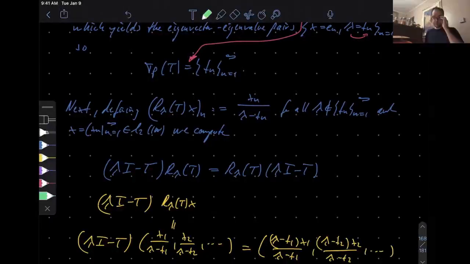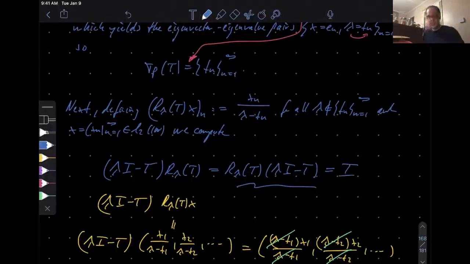Okay, and then provided lambda is different from all those t_j's, then you can divide out these guys. And so what you get here, at least for the left-hand side, I've shown it now. The computation for the right side is absolutely similar. You get indeed the identity.